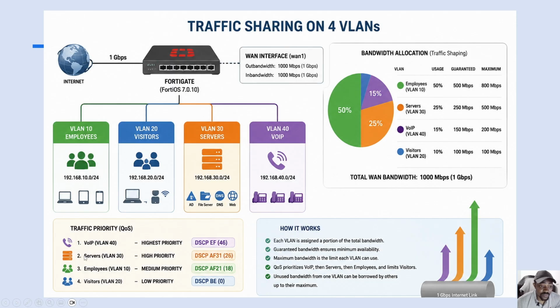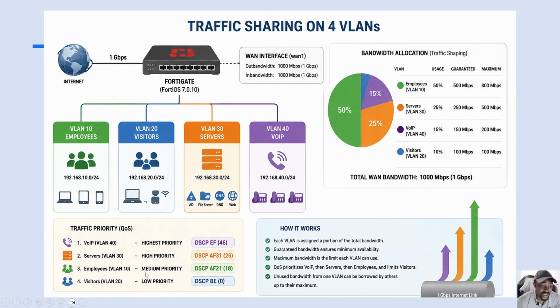Second would be the server VLAN. So talking about priority, voice over IP should be the highest priority. Servers should come second. Employee as medium priority, and visitors as low priority. So this is just to help you understand the difference between bandwidth allocation and traffic priority.